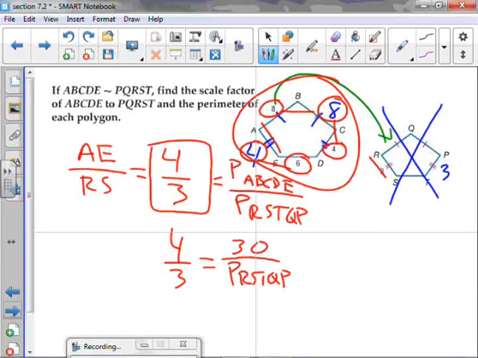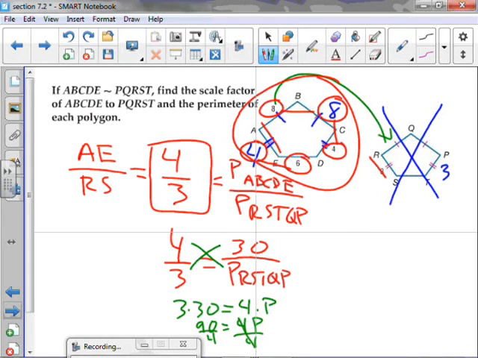Well, I can do a lot of things here, but what I'm going to do is cross multiply. I get 3 times 30 equals 4 times perimeter of the other guy. Okay? And that is 90 equals 4 times the perimeter. Divide by 4. Divide by 4. 45 divided by 2. I actually need a calculator for that one.